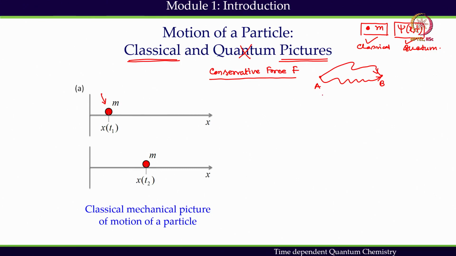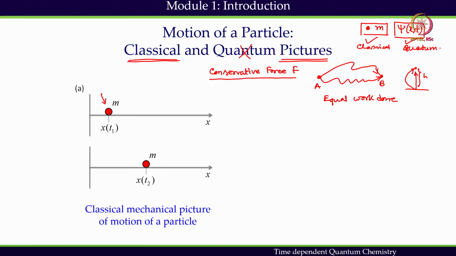So for both paths, equal work is done. So it depends on position. For example, gravitational force is a conservative force, and that's why the energy associated with this height doesn't depend on how we reach that height. It depends directly on the height.